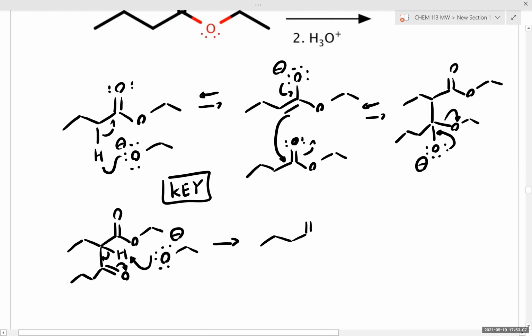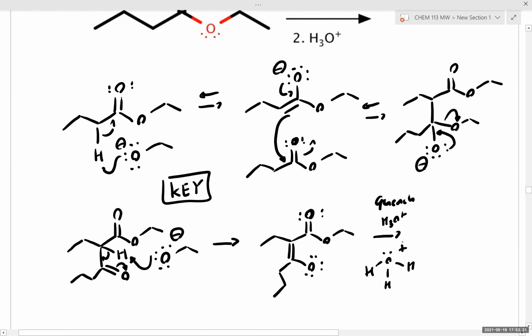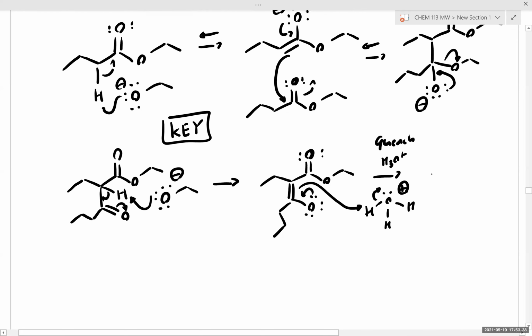This in turn quenches out our formed equivalent of alkoxide, and it makes a relatively non-reactive enolate. This enolate cannot be attacked with nucleophile. And then when we quench, we can isolate our desired beta ketoester. So this proton transfer step is key to removing the equivalent of nucleophilic alkoxide floating around in solution.